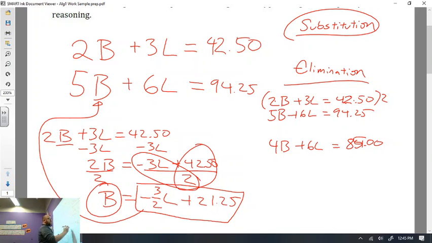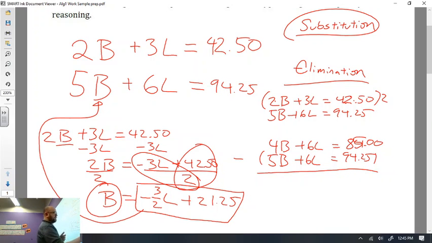I just doubled this, doubled this, doubled this. But now when I rewrite that second equation, 4b plus 6l equals 94.25, if I were to now subtract that second equation from the first, I would know that a negative b equals, what is that? 1075? Negative 1075? So I know that a bag of Brutus Bites equals 1075.